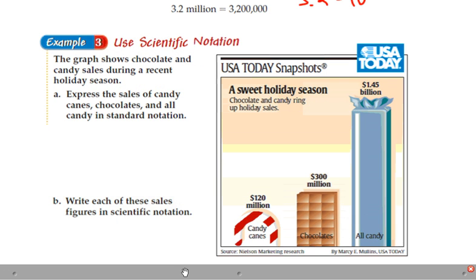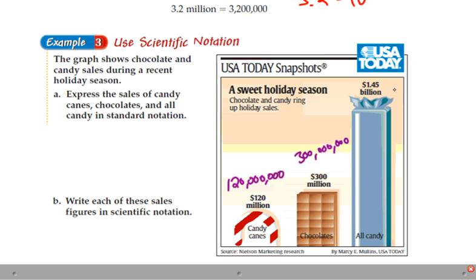It says the graph shows chocolate and candy sales during a recent holiday season. Express the number of candies in standard notation and then also in scientific notation. So standard notation, 120 million. You'd have to write that as 120 million in digits. 300 million would be the same thing, only 300 million.